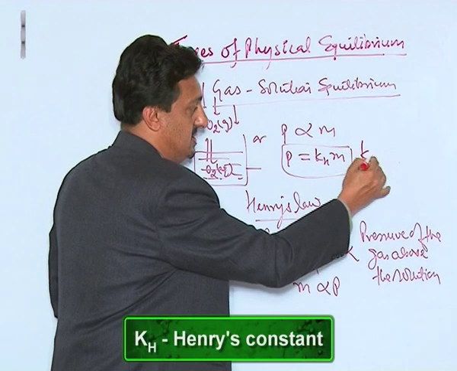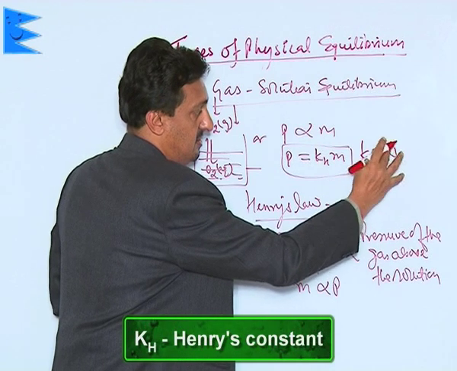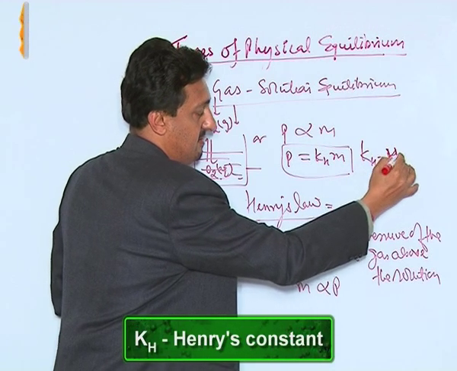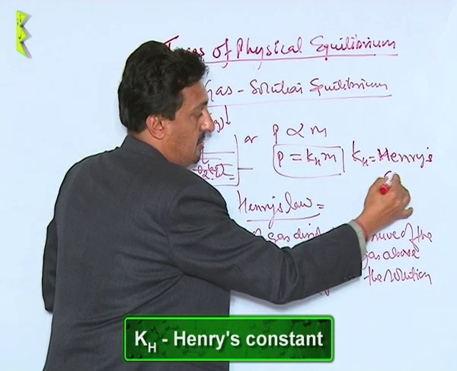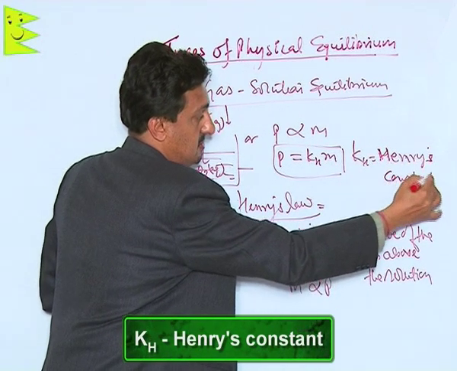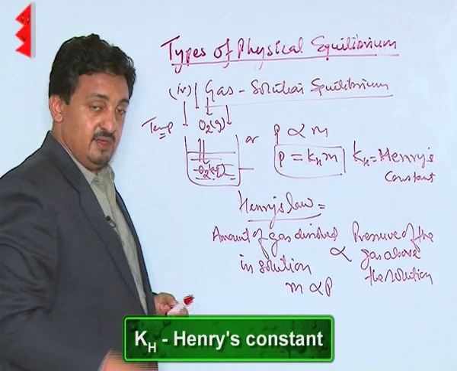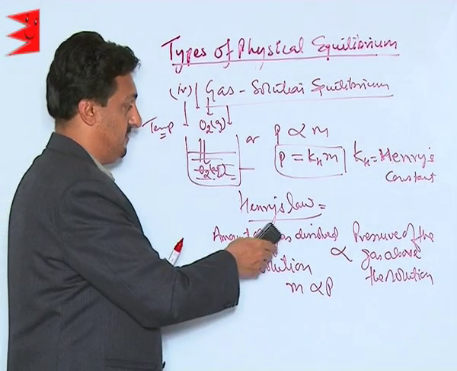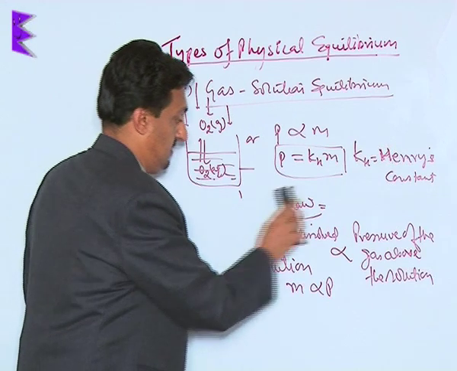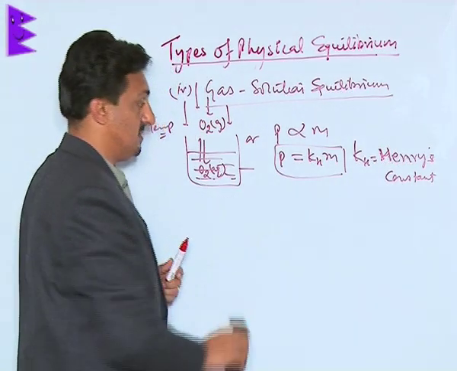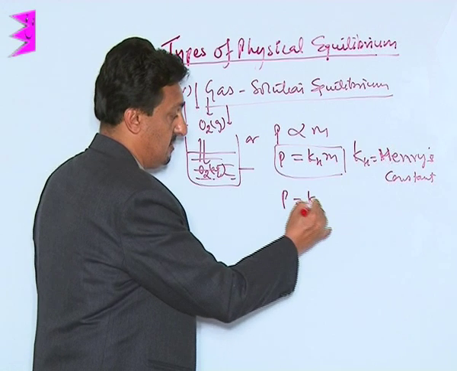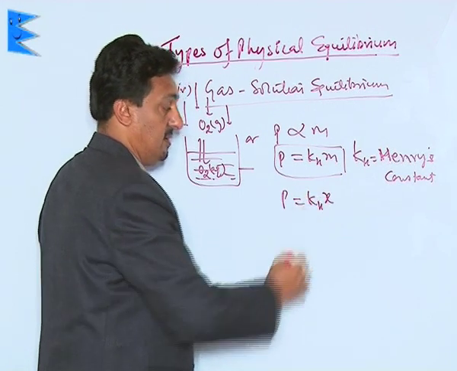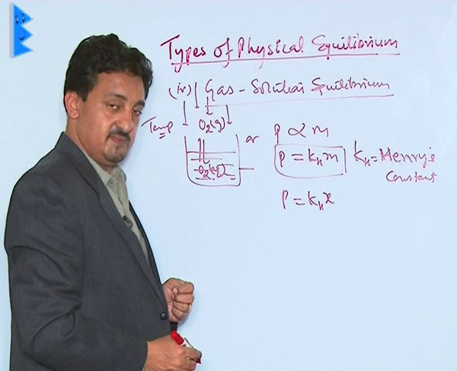This KH is called Henry's constant, and we further change this formula by changing this M into mole fraction.